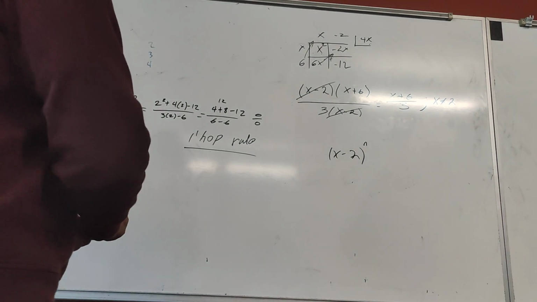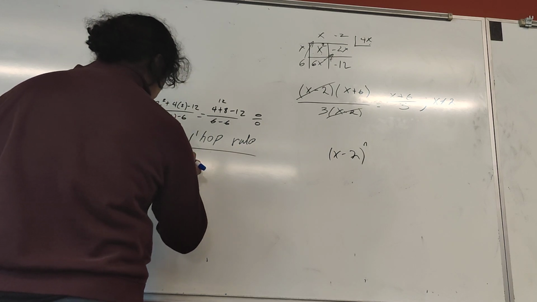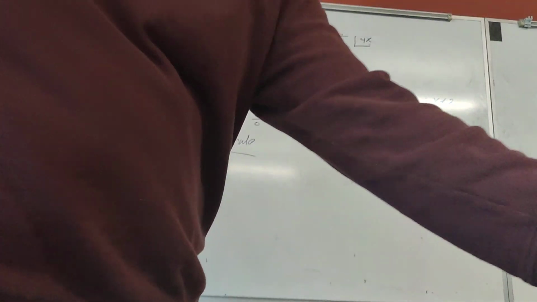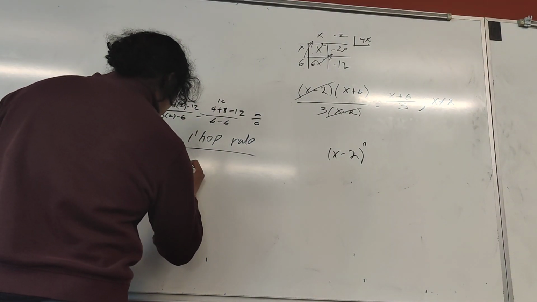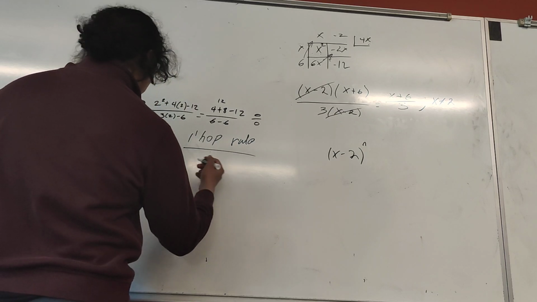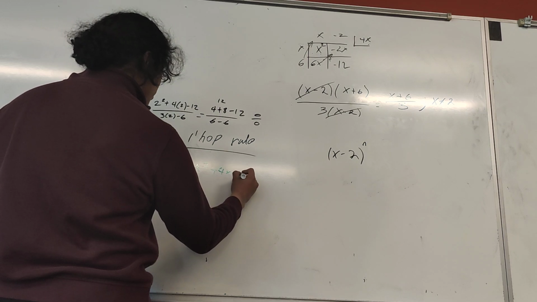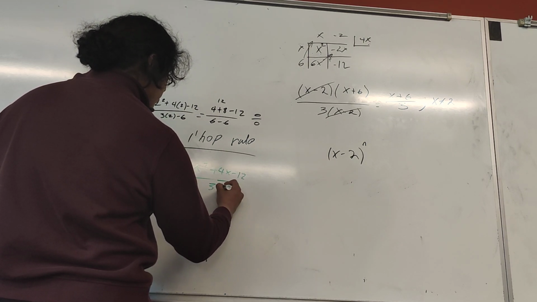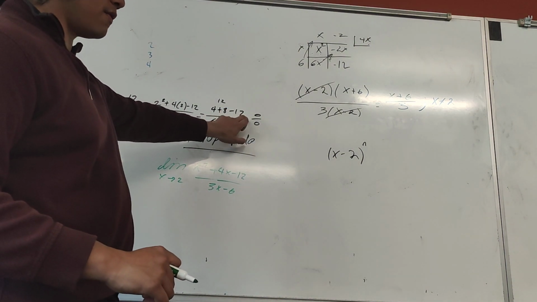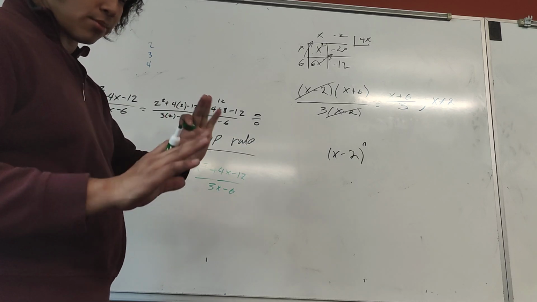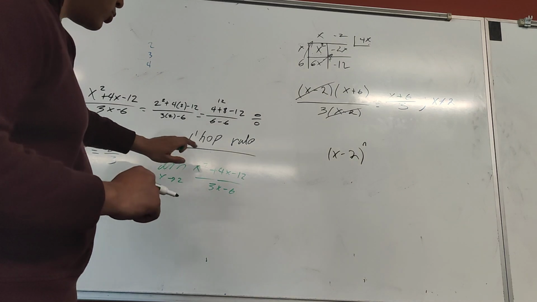You can use it as a definition. I'm not giving rigorous definitions here. So as the limit as x approaches 2 of this function, x squared plus 4x minus 12 all over 3x minus 6, since we already justified this is indeterminate, that means you can use L'Hopital's rule. Undefined and indeterminate are two different things.